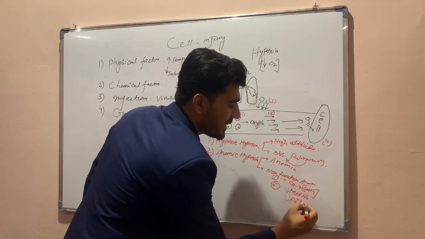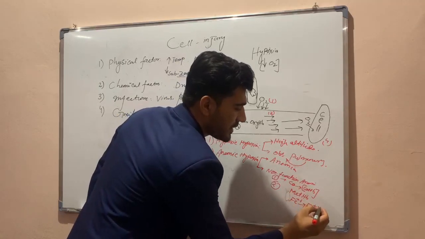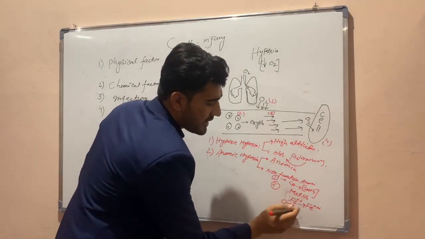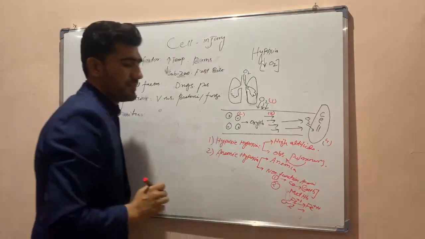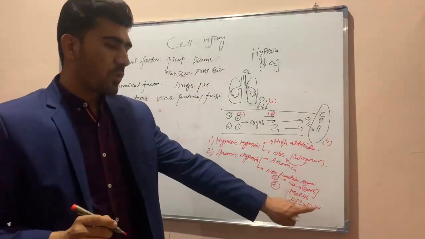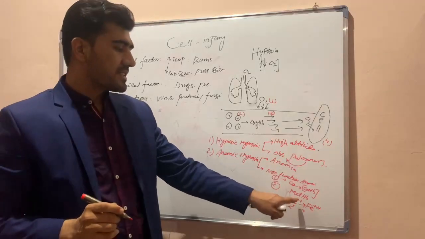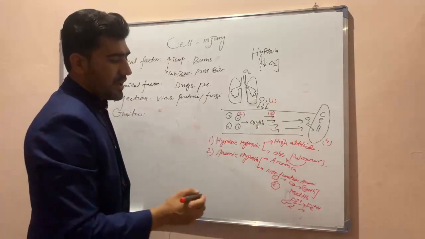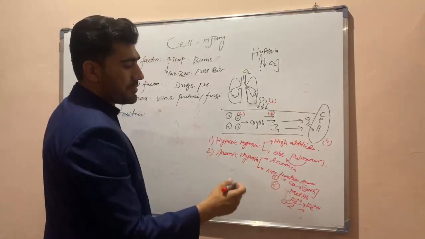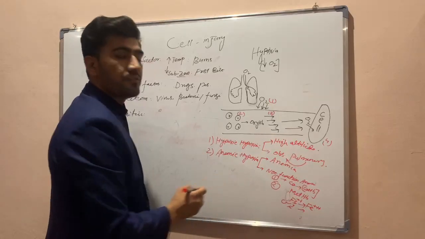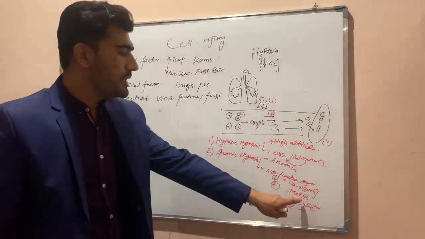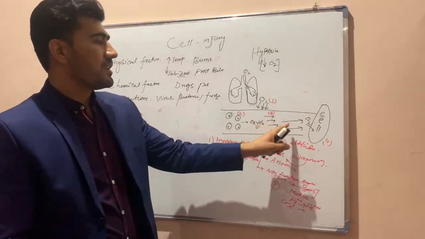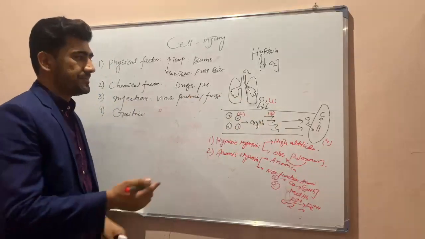When it is converted to Fe3, the ferrous form is converted to the ferric form. This is called methemoglobin, which most commonly occurs in pediatrics, and is caused by some drugs like nitrofurantoin and sulfonamides. So methemoglobin is also unable to carry the oxygen.